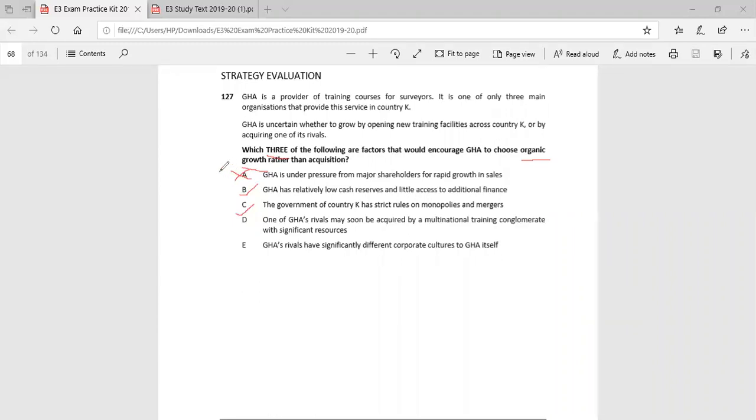E, yes, because the corporate cultures are so different, therefore they do not want to go for acquisition, but want to continue with their organic growth. Why not D? My point is, why not D? Any logic why we should not go with D?